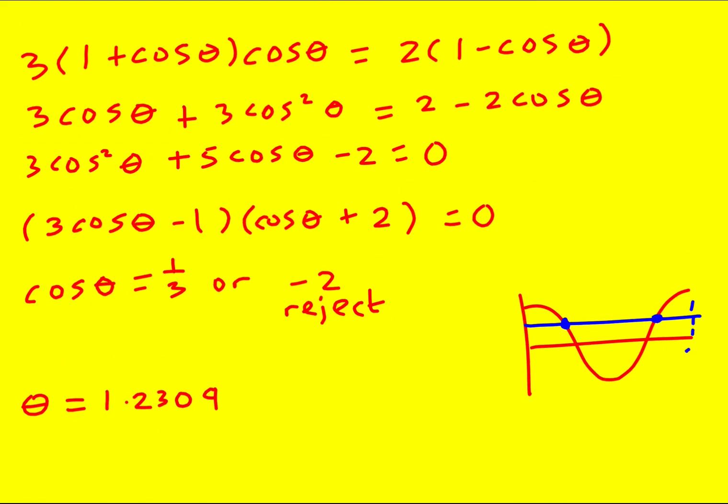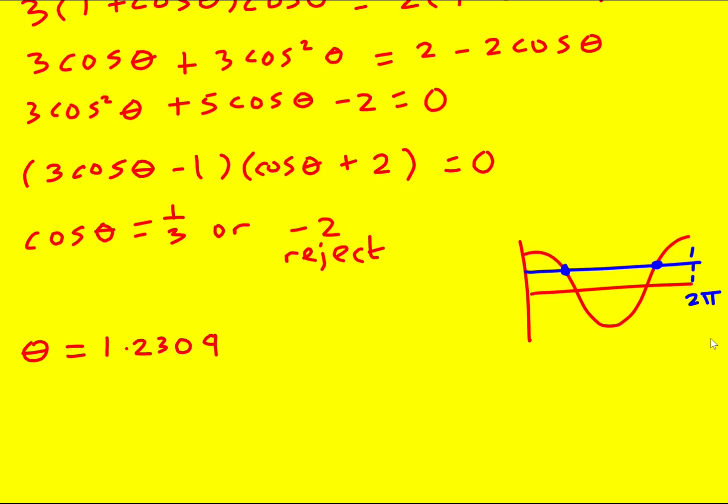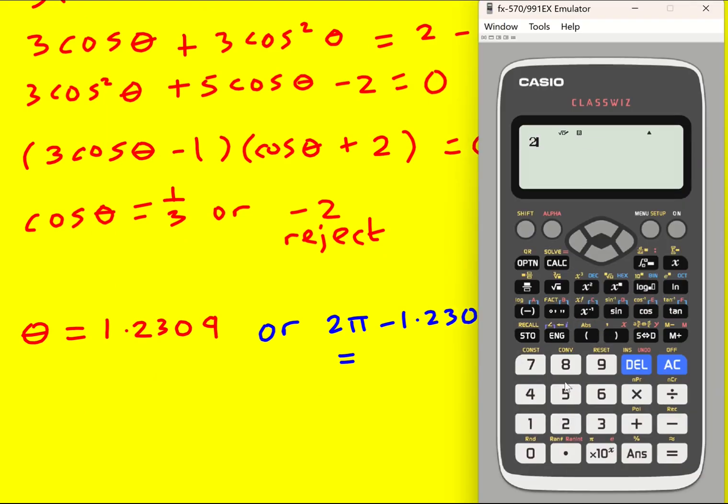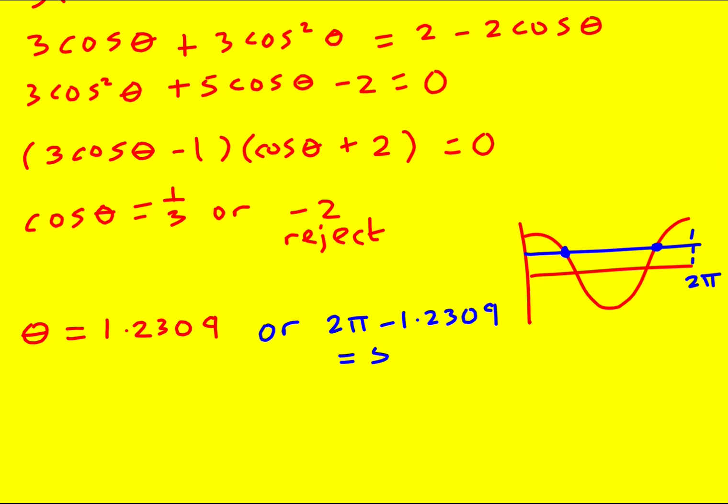This here is 2 pi at the very end, it's equivalent to 360 degrees. So my other solution is going to be 2 pi minus 1.2309, which gives 5.052. Okay, there we have it.